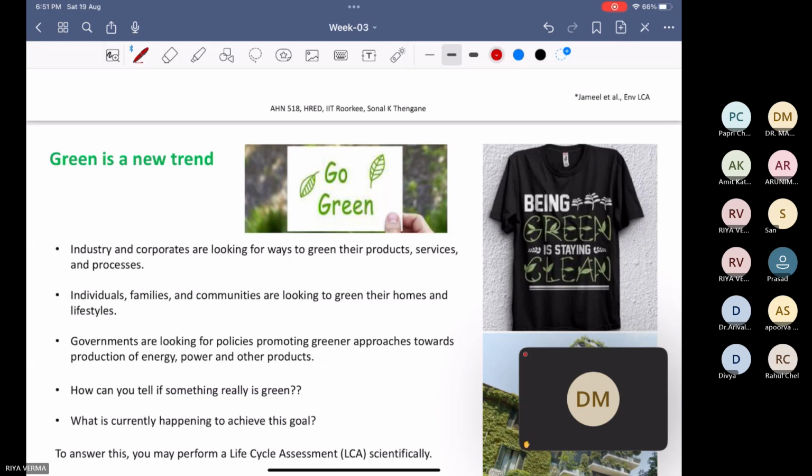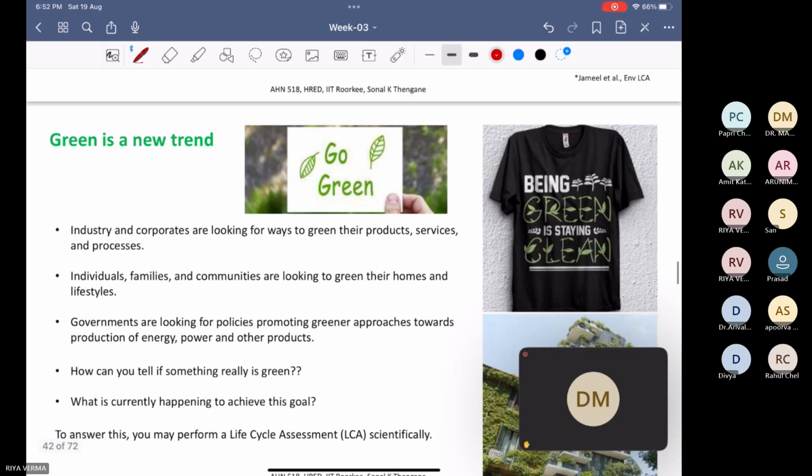Every industry is trying to incorporate methods that are sustainable, or that are more environmental friendly, and this is also being used as a marketing strategy. You can clearly see in many products they claim to be eco-friendly or environmentally friendly or organic, and all that. So this is being a new trend.